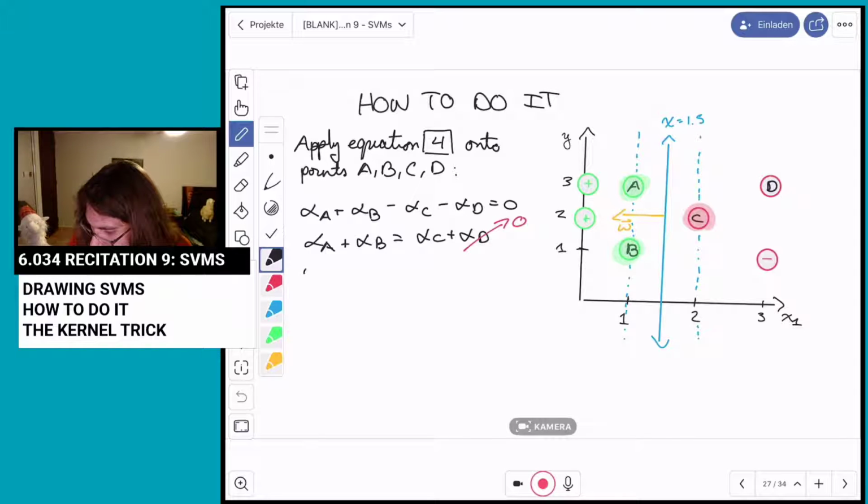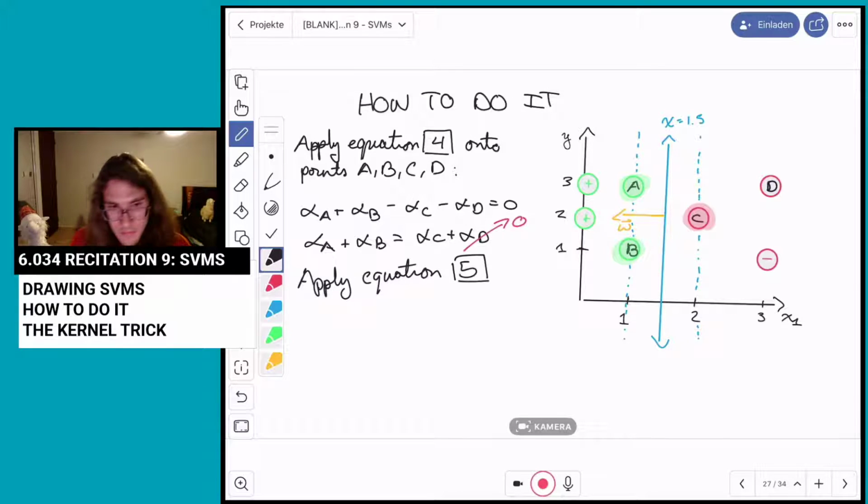And now I'm going to apply equation 5. I'm going to write it in terms of vector notation, but then I'm going to break it down a little bit. So please don't be intimidated by the linear algebra. It's not going to be any harder than the dot products that we did earlier. So I have my W, (2, 0).